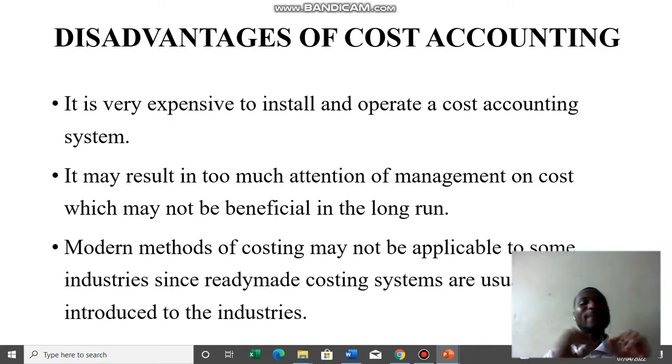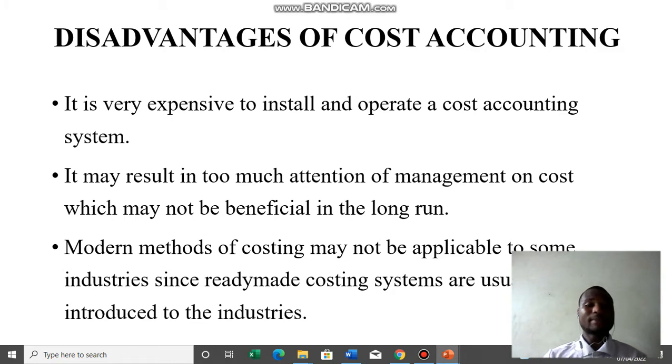Then modern methods of costing may not be applicable to some industries. When we say ready-made costing systems, what we are saying is that they are already in the market. The system is there. You just buy. It's just like Microsoft having their systems; people just buy and install them. It's already made. That's a ready-made system.